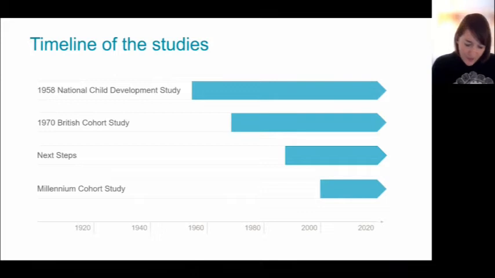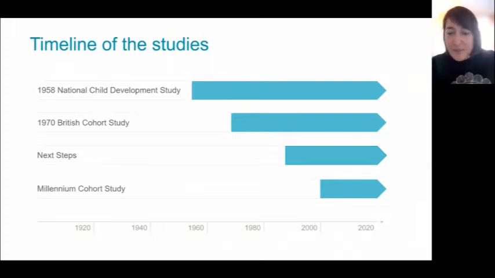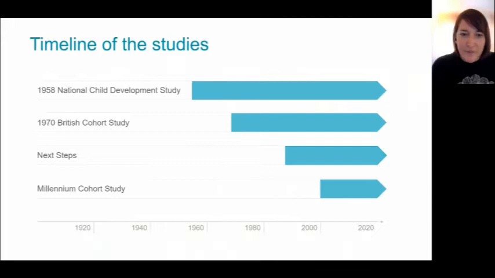There's Next Steps, which are people born in 1989-90, and they're age 32. And unlike the others, they weren't followed since birth, but they were followed since the age of 13, just as they were entering into secondary school. And then the Millennium Cohort Study, who were born in the year 2001-2 and are around age 21.